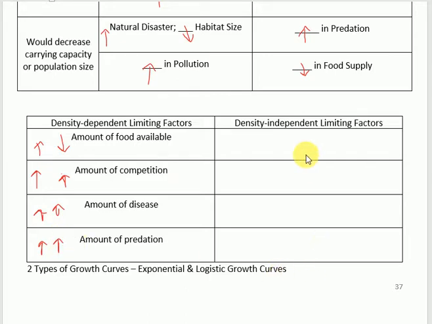The density independent limiting factors will be, for instance, the amount of sun available, the temperatures of the area, the amount of rain, and of course natural disasters. So I want to point out a couple things.